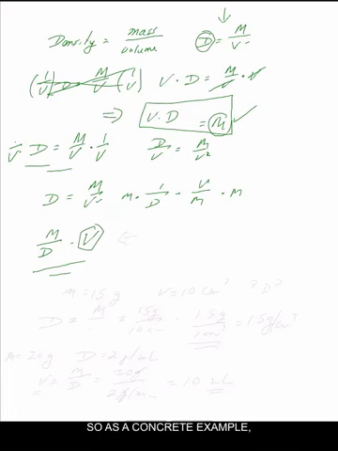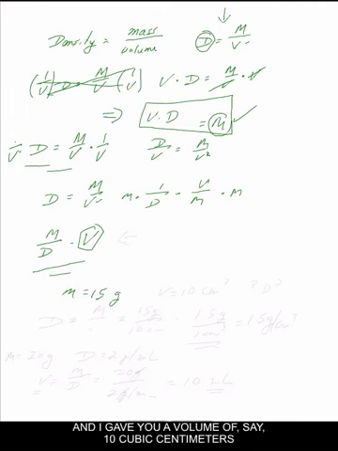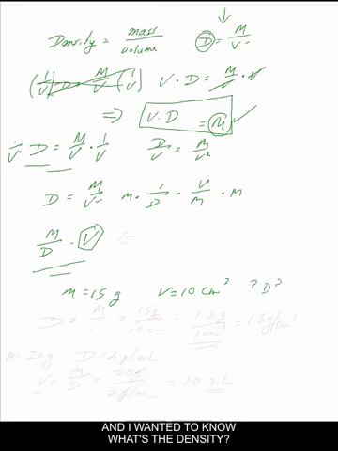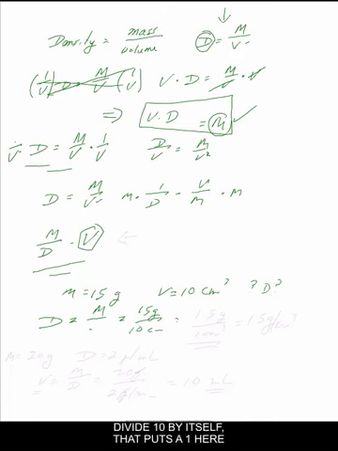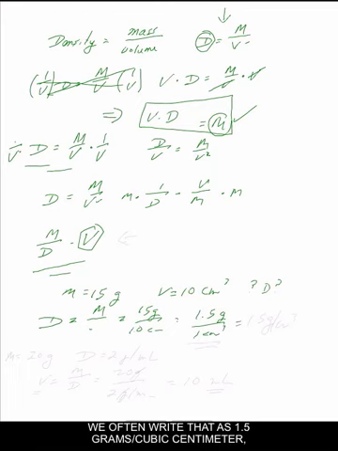So as a concrete example, say I gave you a mass of 15 grams, and I gave you a volume of, say, 10 cubic centimeters, and I wanted to know what's the density, I would plug in my standard equation, the given equation. Density is mass over volume, which is 15 grams over 10 cubic centimeters. Divide 10 by itself, that puts a 1 here, and that gives me 1.5 grams for 1 cubic centimeter.